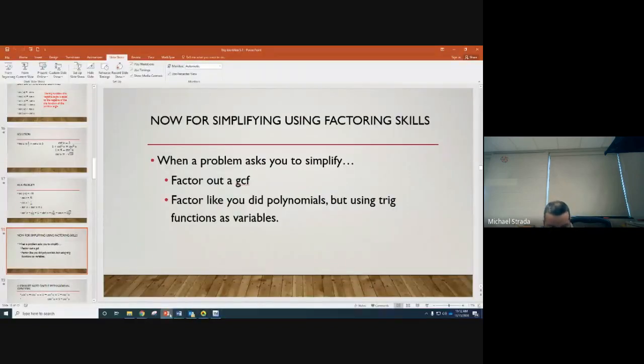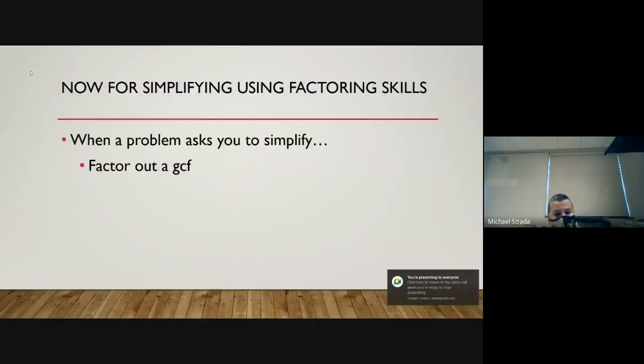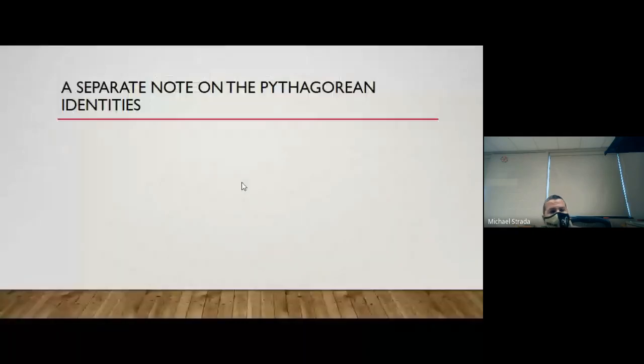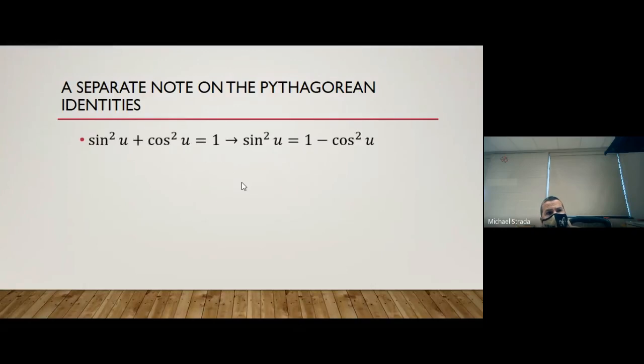But what goes into your notes is a separate note on the Pythagorean identity: sine squared u plus cosine squared u equals 1. Sine squared equals 1 minus cosine squared u. For the same reason, cosine squared equals 1 minus sine squared.